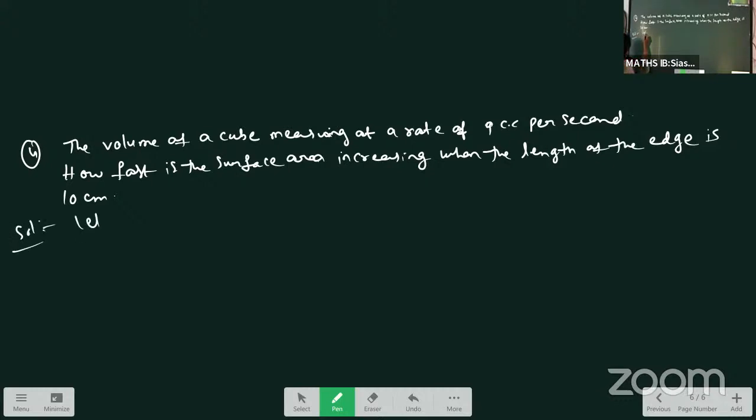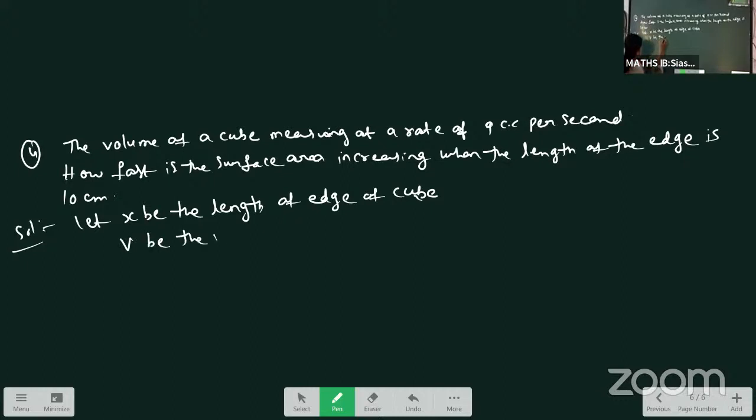Let x be the length of edge of the cube, V be the volume of the cube, and S be the surface area of the cube.